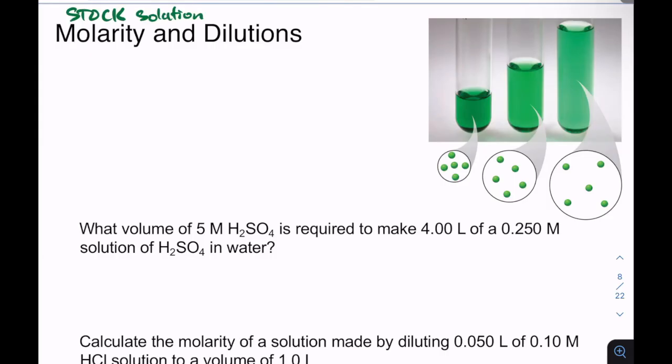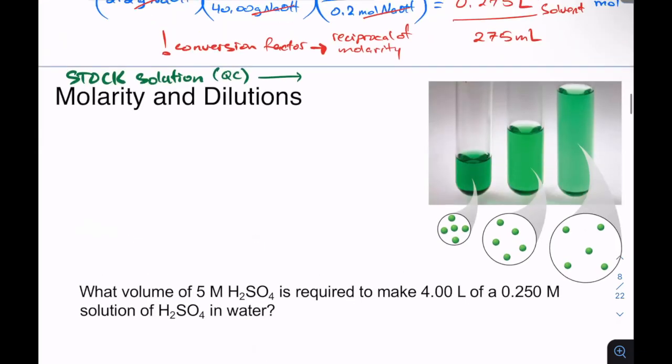And that stock solution, that's the one with all the quality control, QC. And we make that, let's say, once a week. And then every day that you need to do the experiment, you make a dilution. And that dilution gives you what we call the working solution. And that's what you're going to do the experiment on.